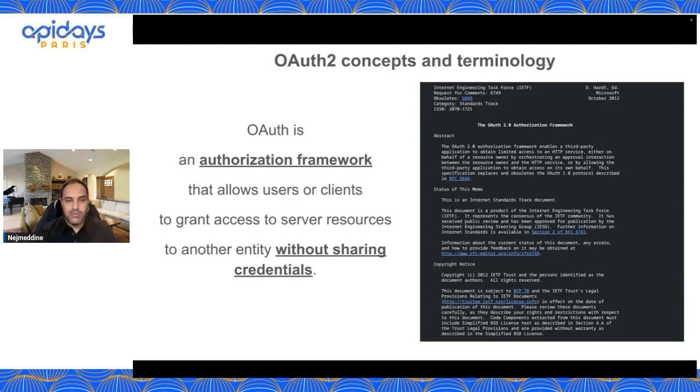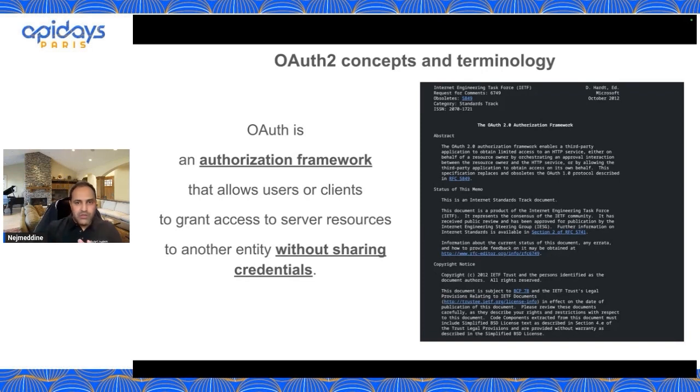When you implement or use OAuth, the idea is to let the consumer who is trying to call an API get an authorization, we'll speak about the token later, without sharing their credentials.